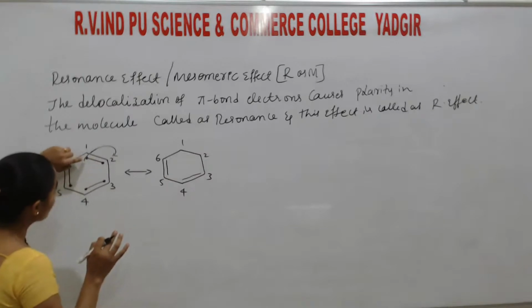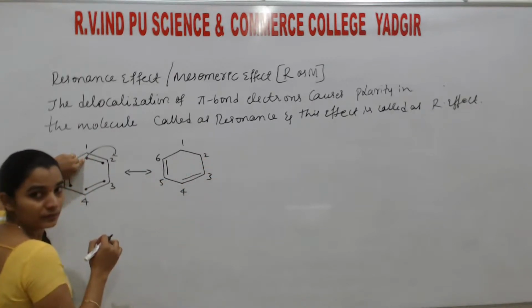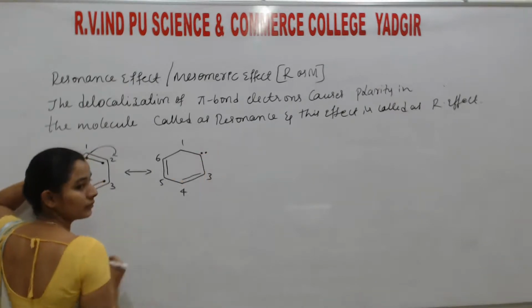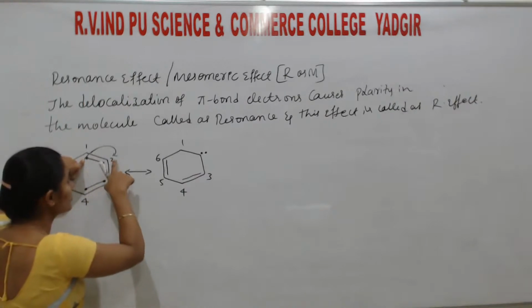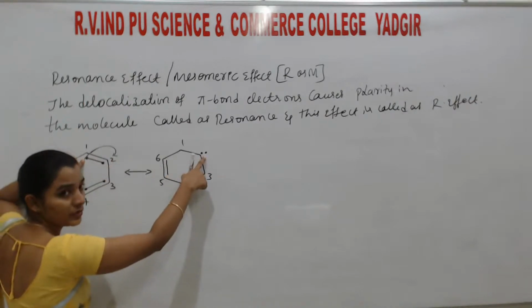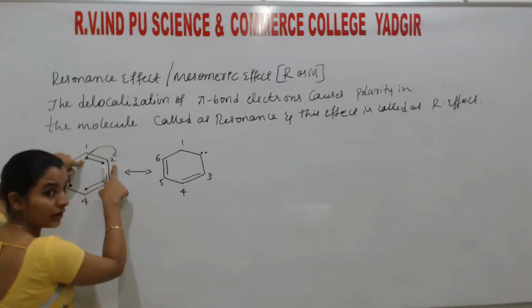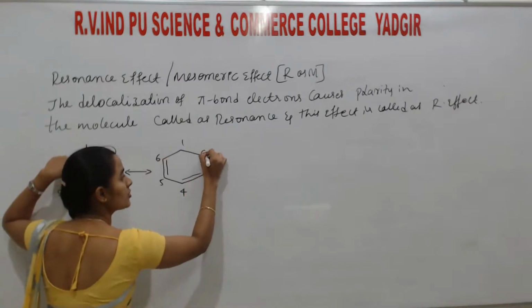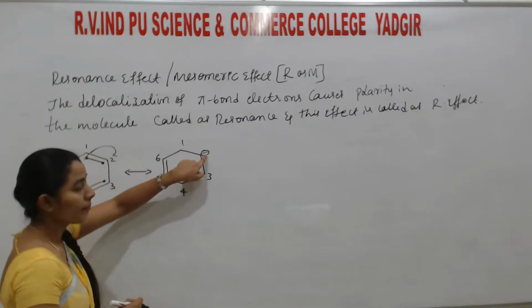At the same time, the electron of the first is also shifted to the second. The 2 electrons of the pi bond are shifted to the adjacent atom. So this atom has one electron more, which means a minus charge. The electron completely shifts here, meaning a minus charge.